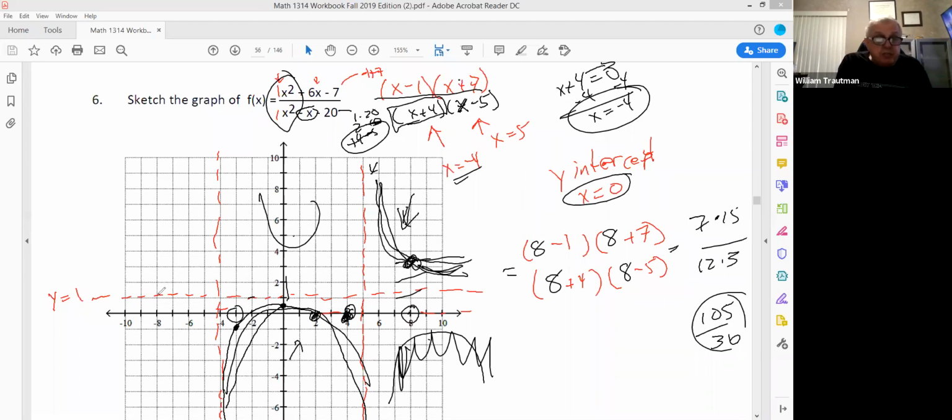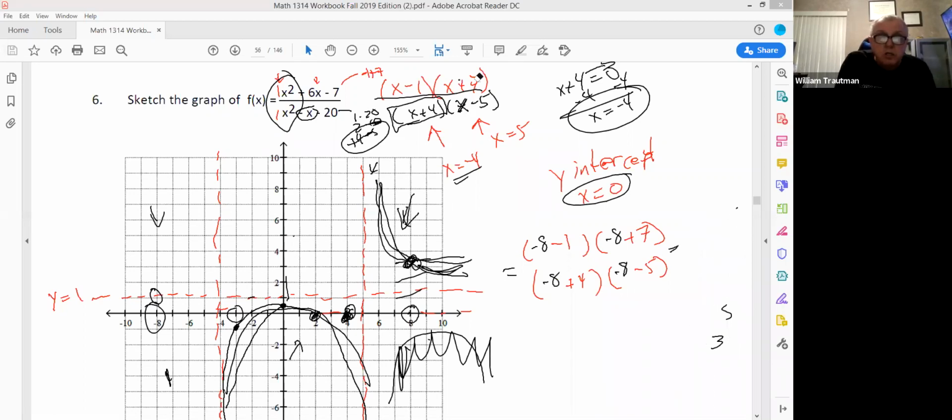And then you would do the same thing over here. Put -8 in there and it'll tell you where this graph is. By the way, that's not where the graph is. So if I put -8 in here instead of 8: -8 minus 1 is -9, -8 plus 7 is -1, -8 plus 4 is -4, and -8 minus 5 is -13.